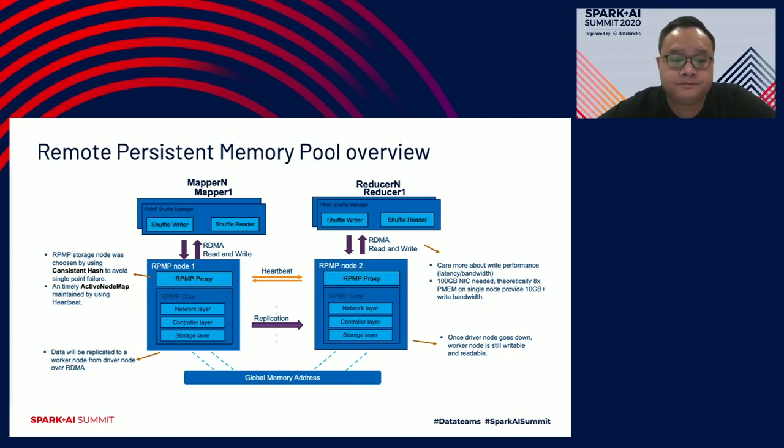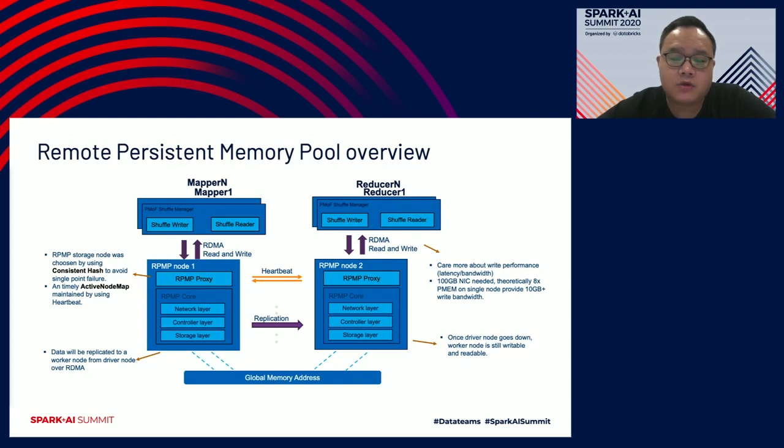So the RPMP core layer actually includes a three-layer design: the network layer, control layer, and storage layer. It will be in charge of replicating the data from the worker node to a driver node over RDMA. Under the hood, those different persistent memory devices from different RPMP nodes form a global memory address space for the applications.